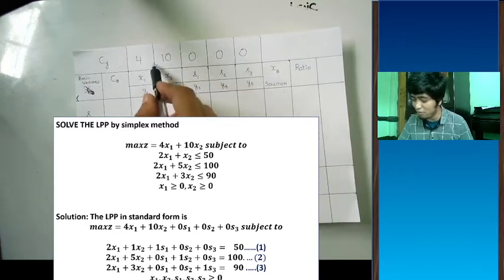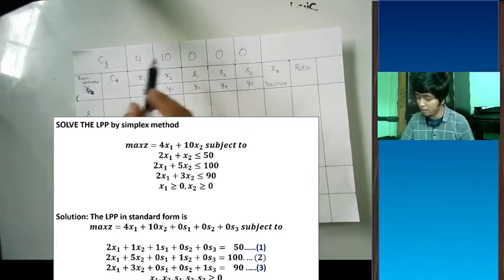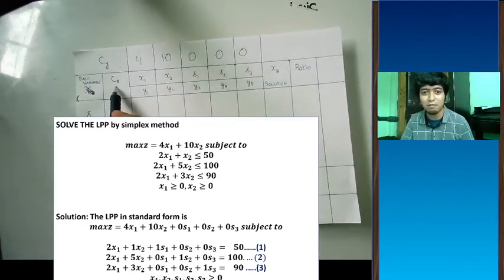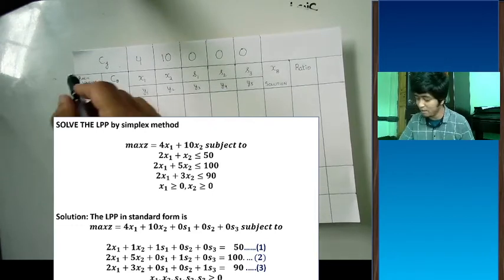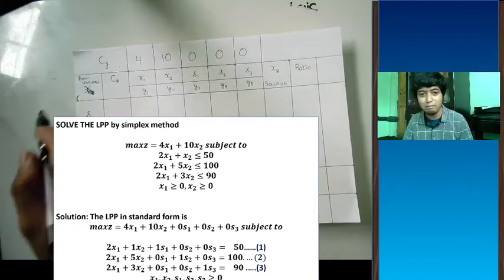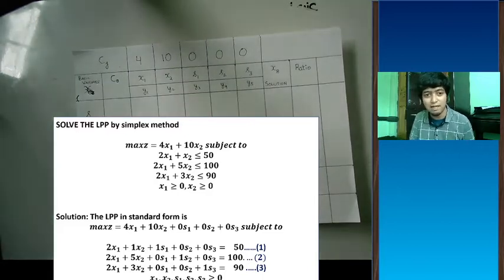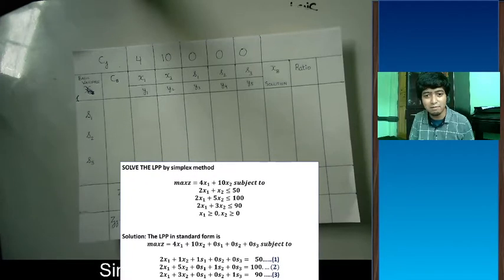So Cj is the coefficient. Over here we have Cb, which is the cost vector. We will get to that. The basic variables we have found are S1, S2 and S3, so we have filled in S1, S2 and S3.